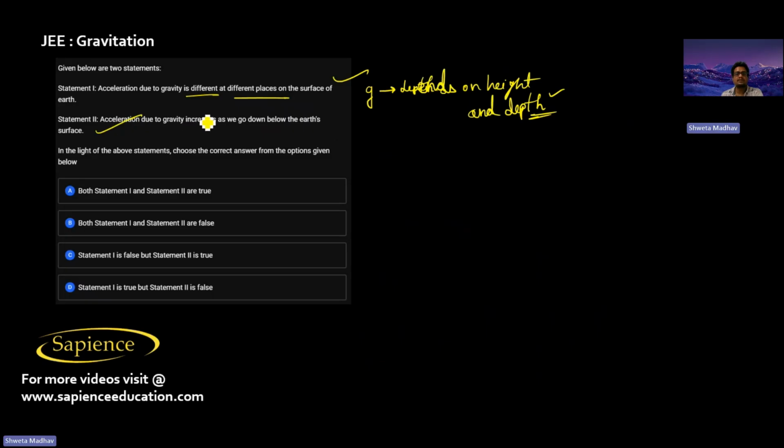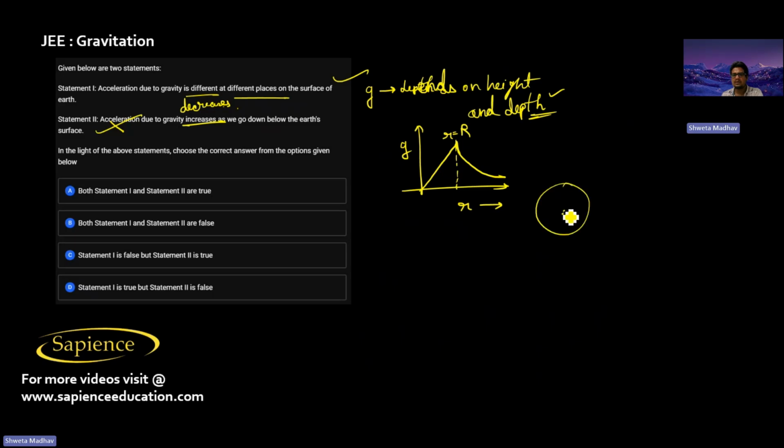Acceleration due to gravity increases, it is false, since the acceleration due to gravity decreases as we go down below the earth's surface. If we draw the graph of g with r, where r is the distance from the center of the earth, the graph will be somewhat like this. At the surface of the earth, that is at r equal to R, the distance from the earth's center is equal to the radius of the earth.